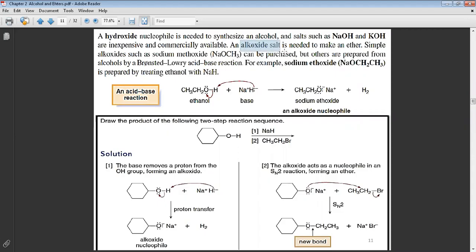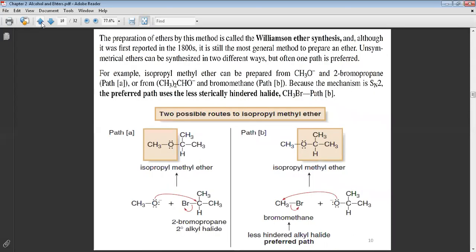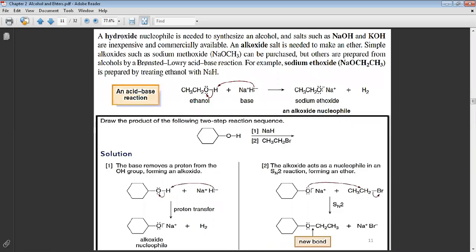Do you know what alkoxide salt means? Alkyl with O with metal. This is an alkoxide: CH3 oxygen Na, CH3 oxygen potassium. It means a salt, meaning nucleophile. He talks here about the nucleophile. Alkoxide nucleophile.